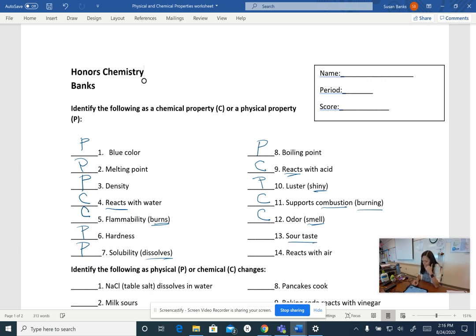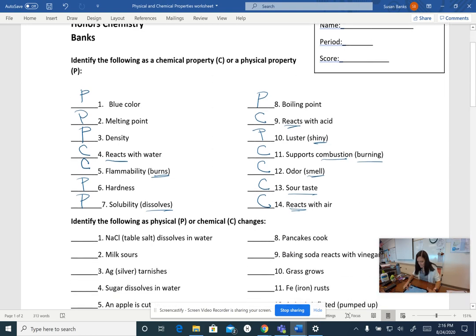For us to taste something, once again, it has to react with the neuroreceptor taste buds on our tongue. So that is a chemical reaction. And once again, reacts with air. There's that key verb there. That is a chemical reaction. How'd you guys do? All right, let's go look at the next section.